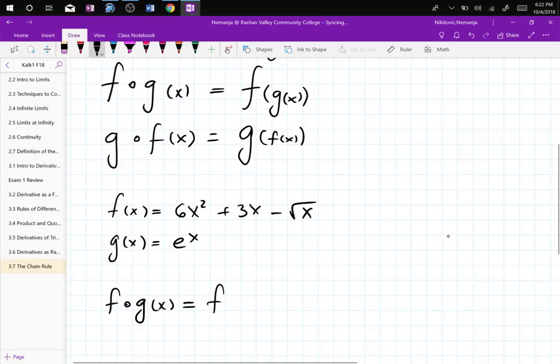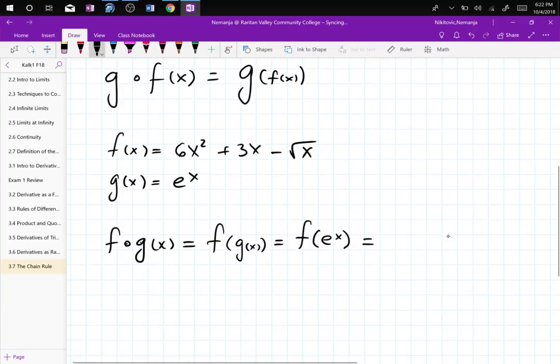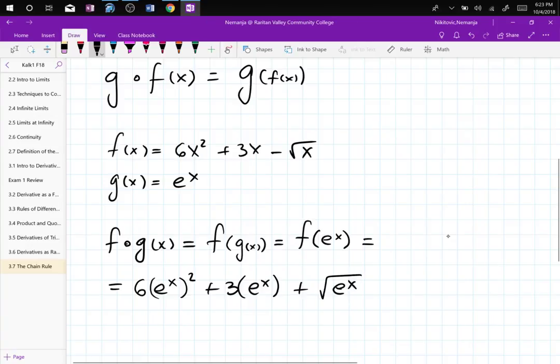So it's going to be f of g of x, which is actually f of e to the x, because that's what g is. G is e to the x. So now, on the outside, I have 6 times, and this is supposed to be g, so it's actually e to the x squared, plus 3 times another e to the x, plus square root of e to the x.